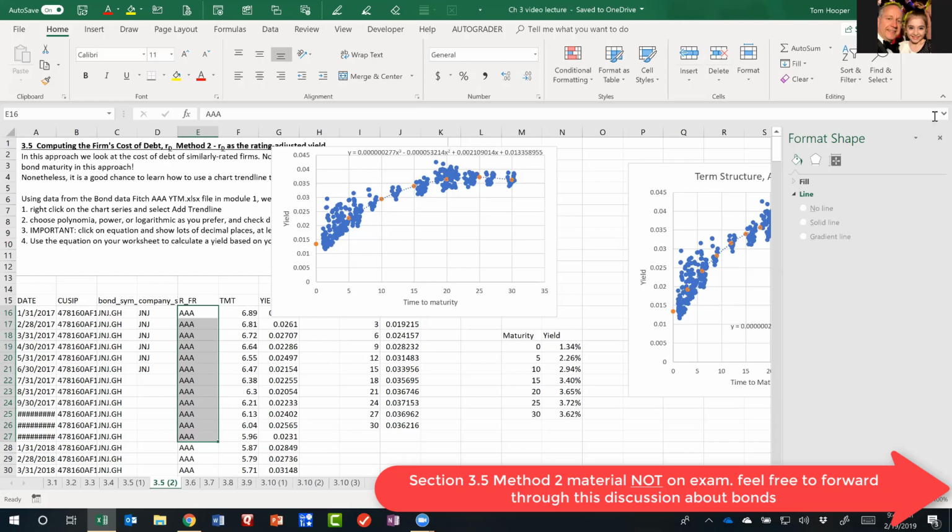Professor Hooper, yes, this is Daniel speaking. Is there any way, or is there any formula, to get a polynomial formula such as that without doing it through the chart way? Daniel, I don't believe there is. No, that's not true. I think it's probably the LINEST formula.